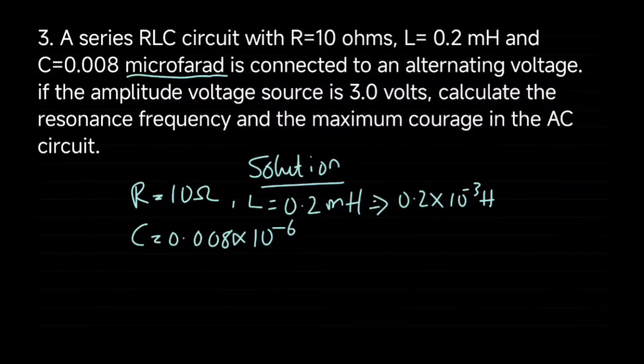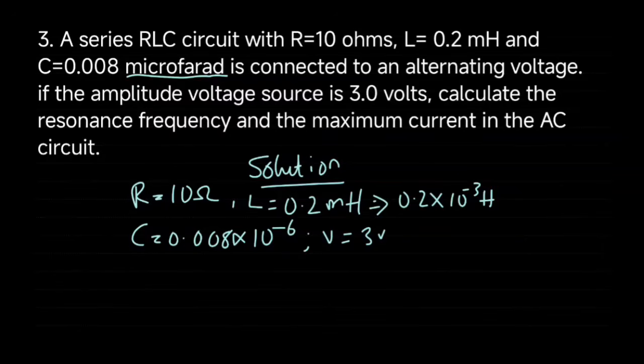If the amplitude voltage source is 3.0 volts, V is equal to 3 volts, calculate the resonant frequency and the maximum current in the AC circuit.